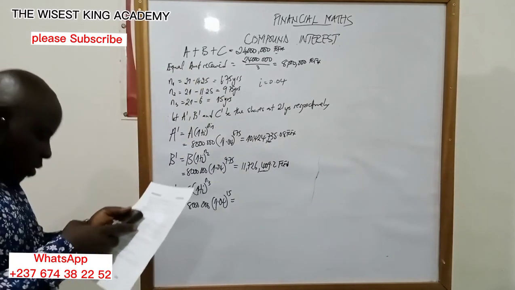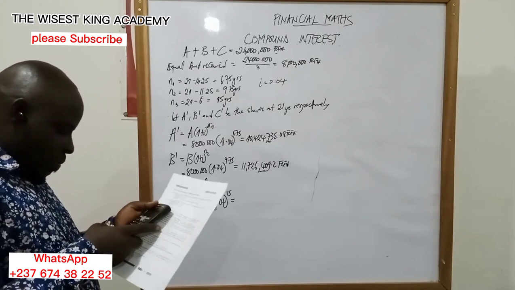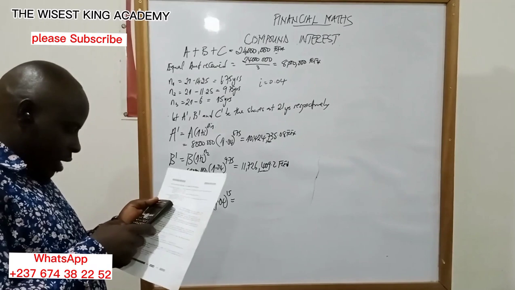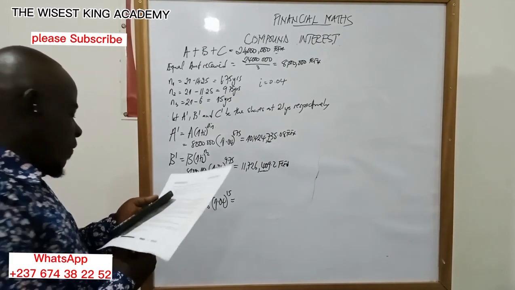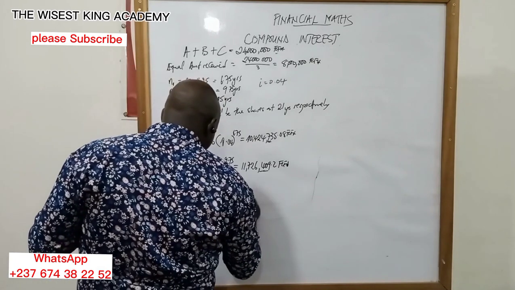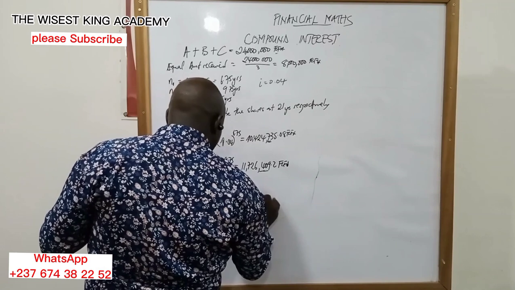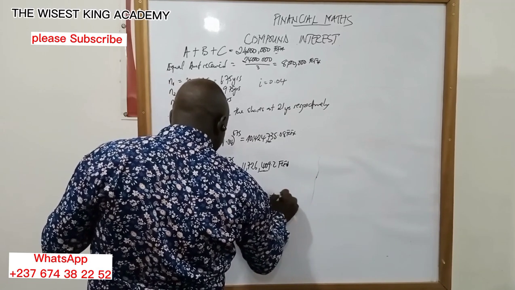And the third child, 1.04 raised to the power 15 times 8 million is 14,407,548.04 francs CFA.